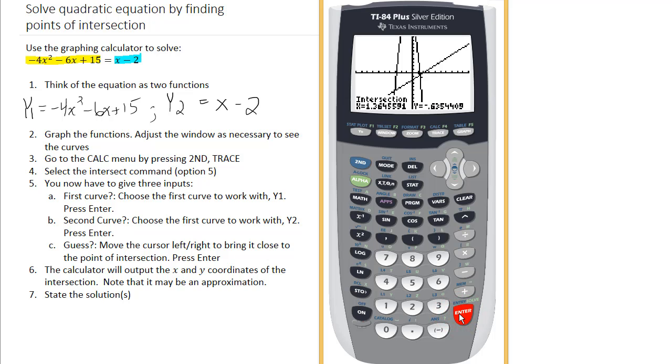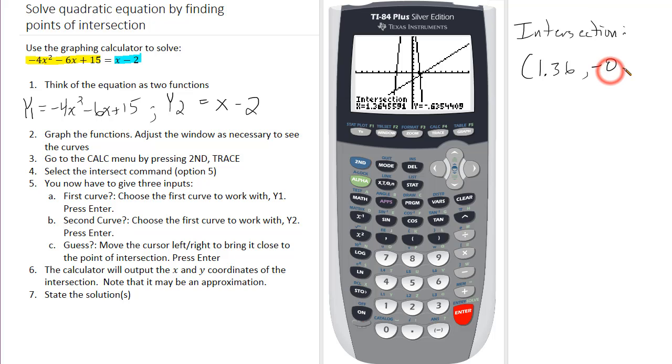The calculator runs, and it's telling me that there's a point of intersection. And I'll round to 2 decimal places on both coordinates. 1.36, negative 0.64.